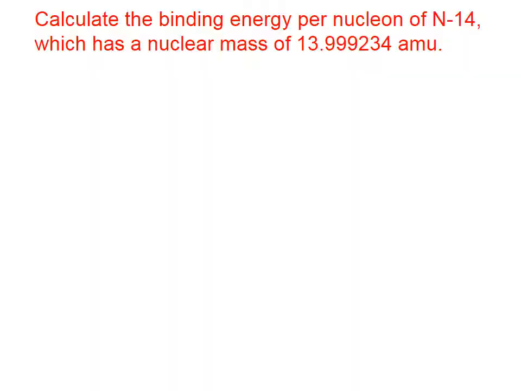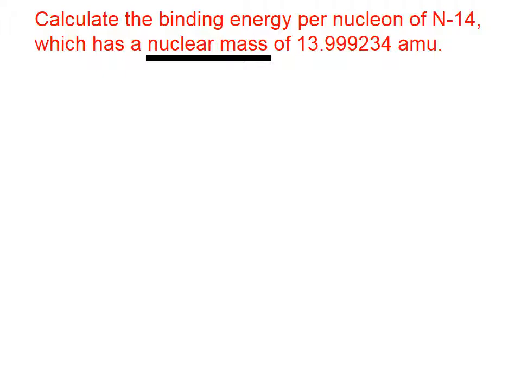So let's calculate the binding energy per nucleon of nitrogen-14, which has a nuclear mass of 13.999234 AMUs. The fact that we're given the nuclear mass, that is the mass of the nucleons when they're in the nucleus, when they're bonded together.